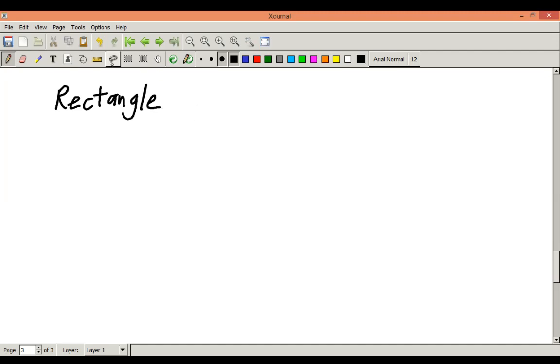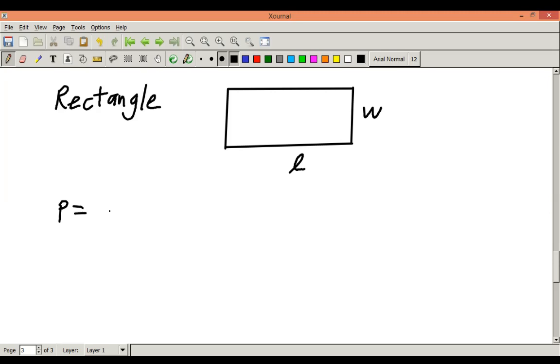If you look at a rectangle, let's just do one without numbers on it. Just use a generic formula. So the length is L and the width is W. So the perimeter of that rectangle is 2 times L, so 2 lengths, one on top, one on the bottom, plus 2 times W, 2 widths on the left and right side.